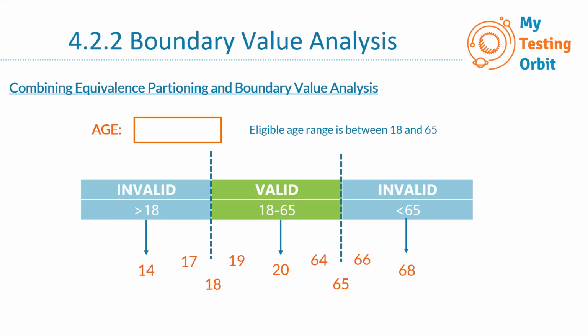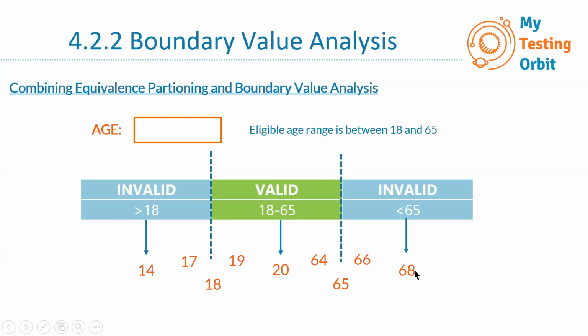But the problem here is that we are using so many inputs. In this range we are doing 19, 20, 64: three values from this group, two values from this group, and two values from this group.